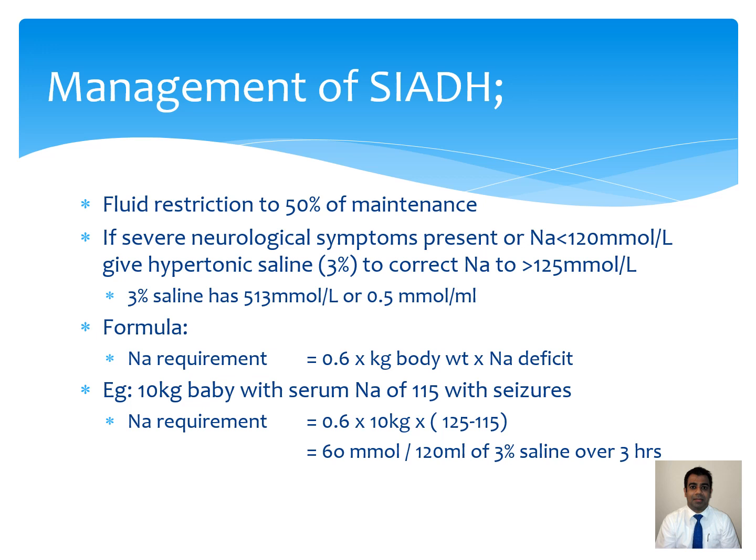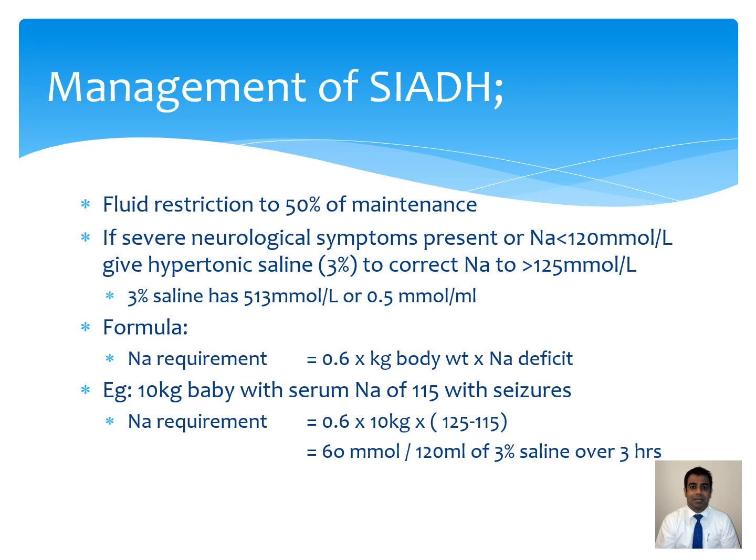So the formula to calculate the sodium deficit is 0.6 into kilogram body weight into the deficit. So we'll just take an example of a 10 kilogram baby with a serum sodium of 115 millimoles per liter, who also presents with seizures.